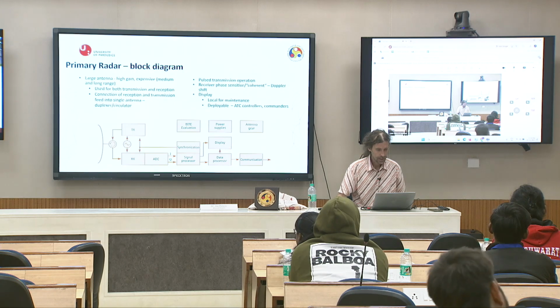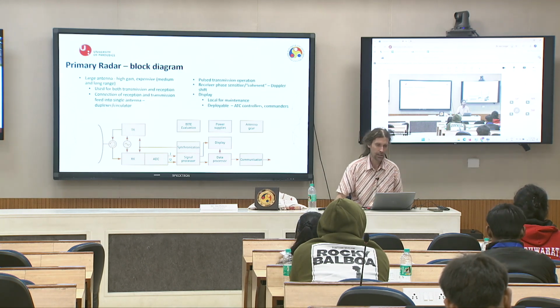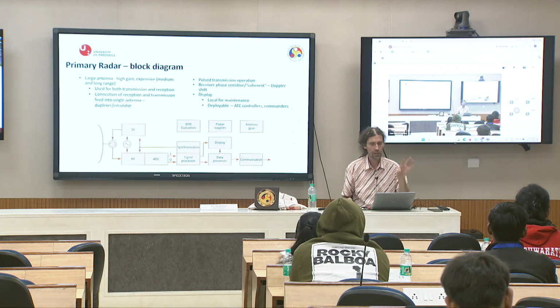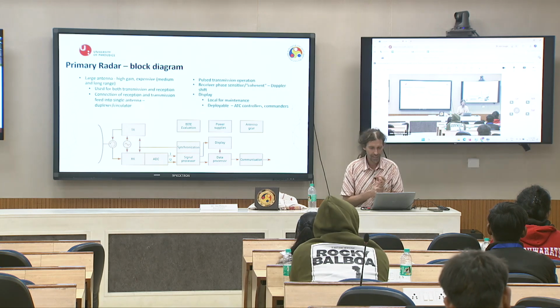Then our pre-processed signals, we call it primary processing, go to the data processor. And why did I divide the signal processor and data processor? Because in the signal processor we are working with samples. It is signal samples. But after this, we work only with data.